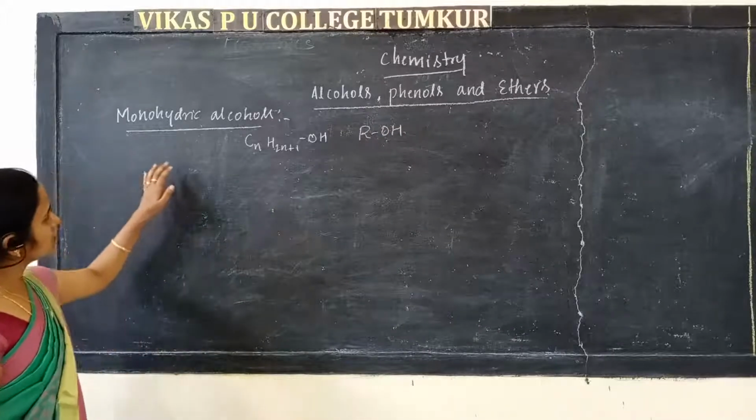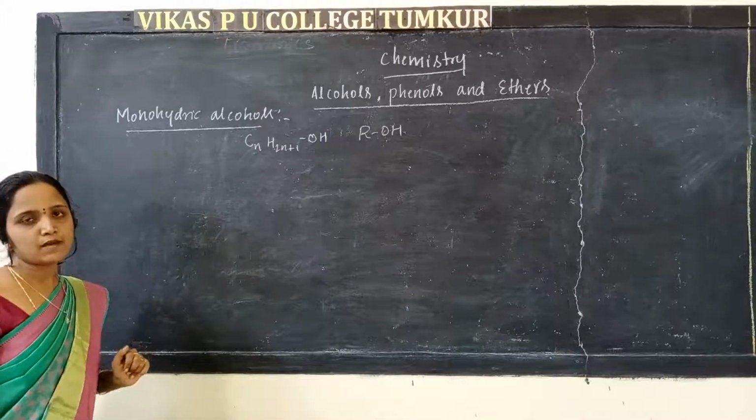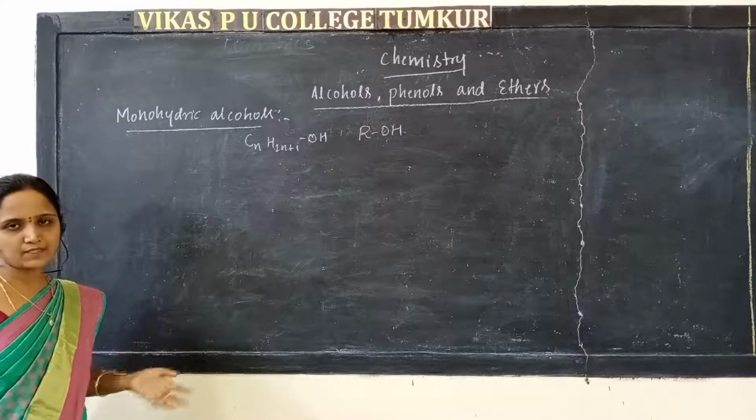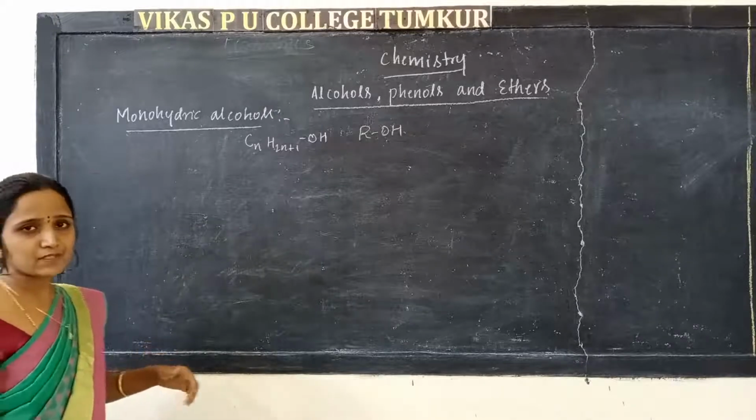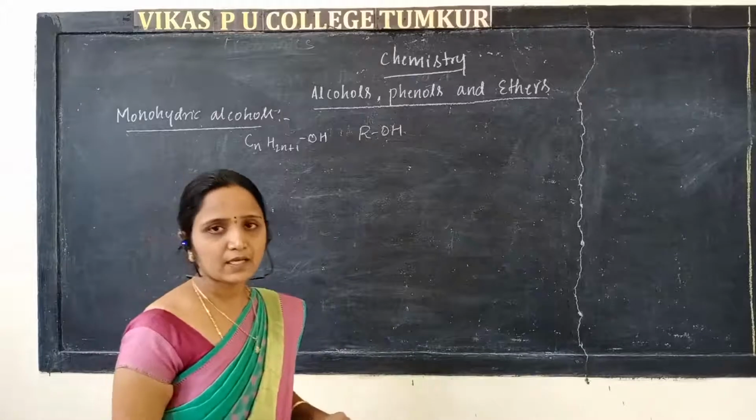Monohydric alcohols are again classified into different types based on which type of carbon atom the group is attached to. The first is alkyl alcohols, the second is allylic alcohols, the third is benzylic alcohols, and next is phenylic alcohols.